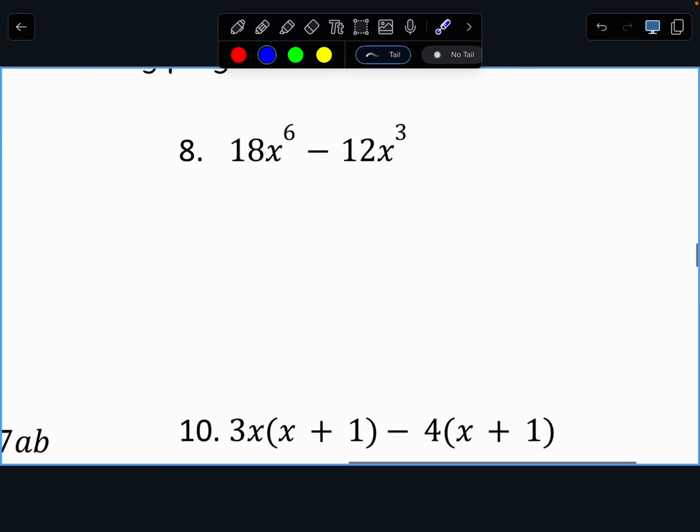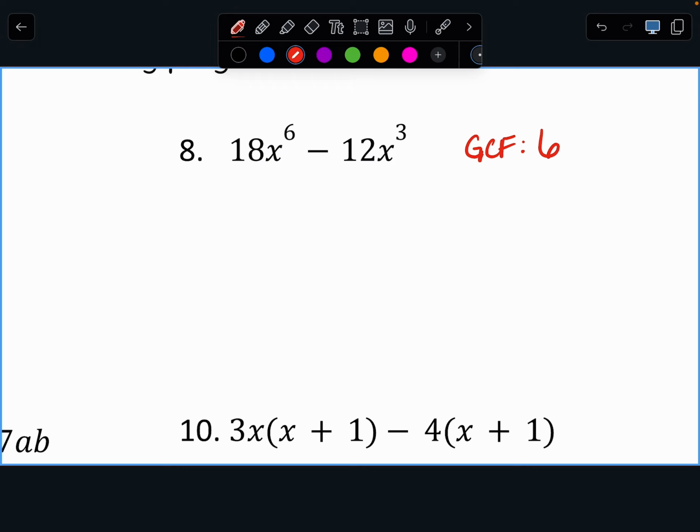So let's look at number 18. Again, either looking at your blue card or thinking about it, what's the greatest common factor between 18 and 12? 6. Now, I do have the same variable in both terms, so I want the smallest exponent that's in both.